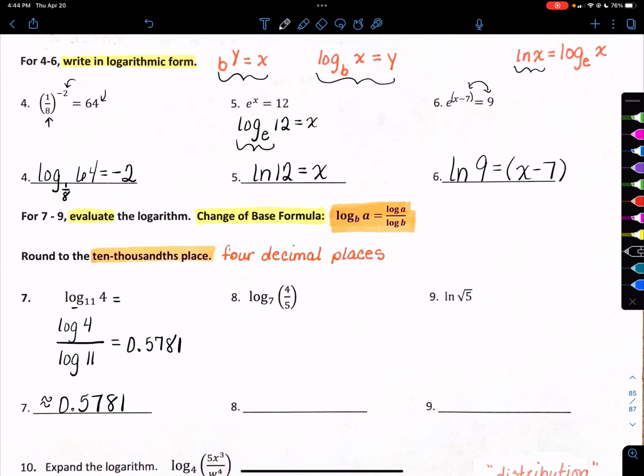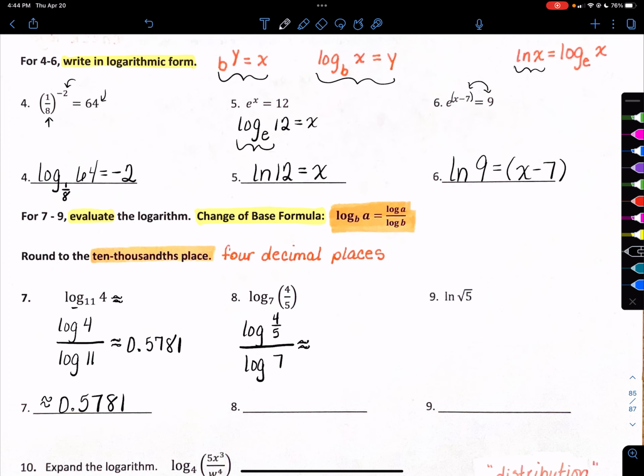All right, on number 8, again, using change of base on this one here, I will have log of the argument. So log of 4/5 divided by log of the base. I'm actually going to change these to decimals because I know I'm rounding.